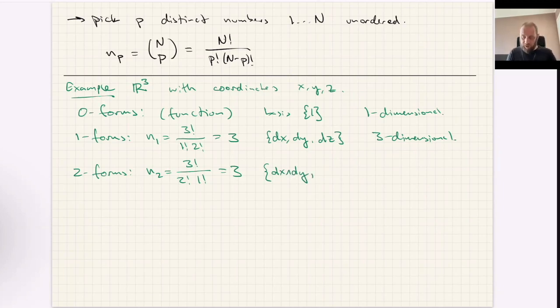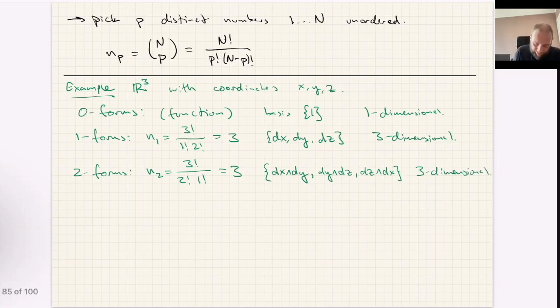If I choose y and z, I have dy wedge dz. If I choose x and z, then I have dz wedge dx. Of course, I could also write dx wedge dz. That would just be minus this one. But I write it this way because it turns out to be nicer later on. So this is again a 3-dimensional vector space, the set of two-forms in 3 dimensions.